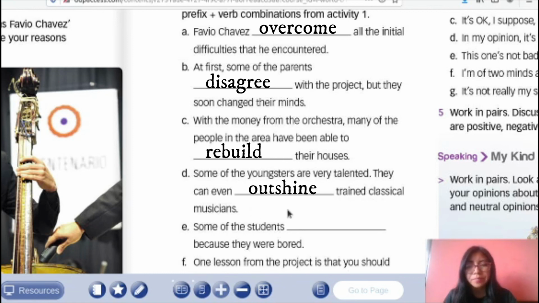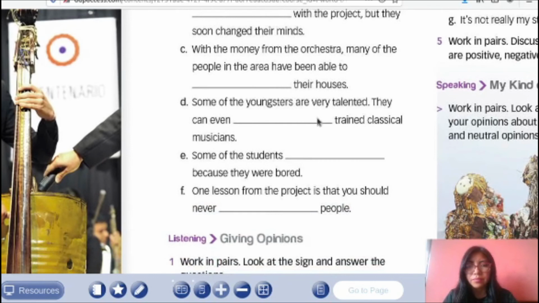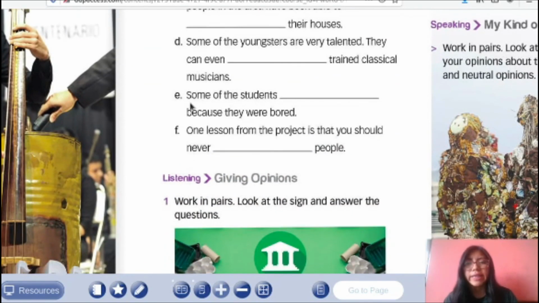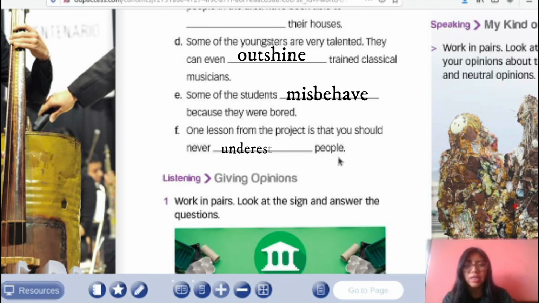Okay? The letter E. Some of the students misbehave because they were bored. Okay? And the last one. One lesson from the project is that you should never, remember the words, never underestimate people. Okay, that is the correct answer.